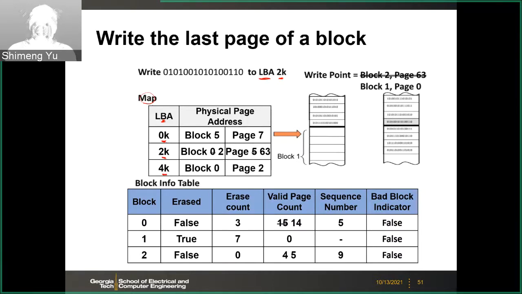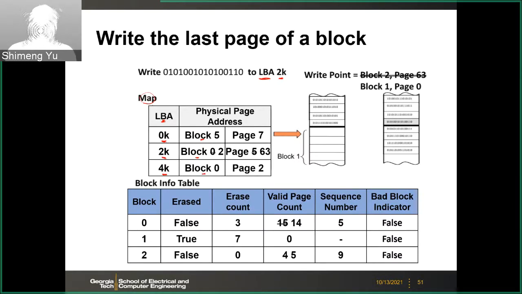But you may have to store that in different blocks in the physical space. So here on this mapping, it says that logic address 0K is stored in the physical block 5. And 2K is on the physical block 0, 4K is on the physical block 0.